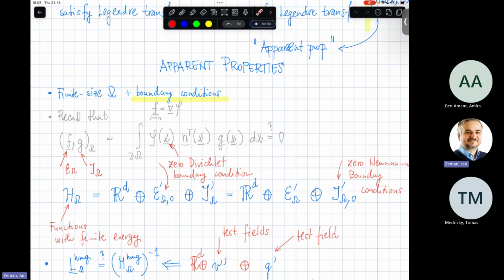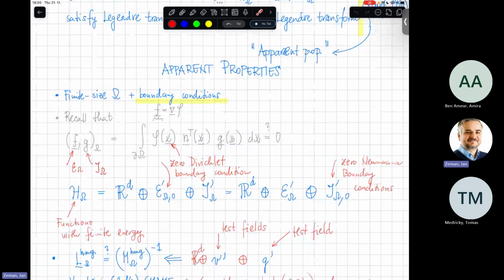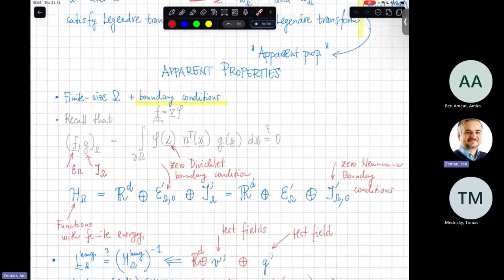So basically, what I was spending most of the time, or all of the time last week, and also the week before, with this notion of so-called apparent properties, a terminology coined by Hue in 1990.